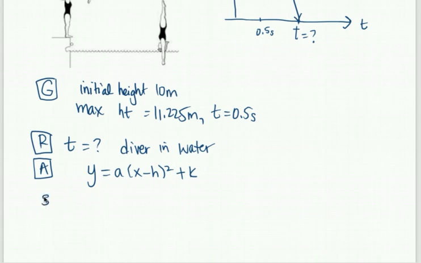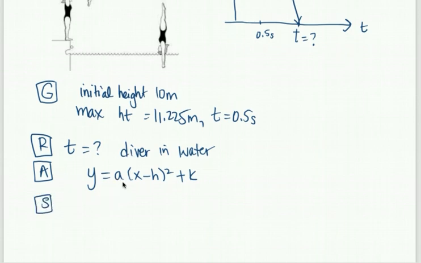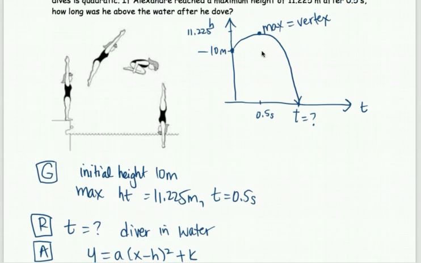So let's go through and fill this out here. So we know that the vertex is right there. So if we write this out, we always write the x first, which is t. So we know it's 0.5 and 11.225, like that. Okay, so there's the point right there. We also know this point here, which is where the platform is, but it's also like the y-intercept.